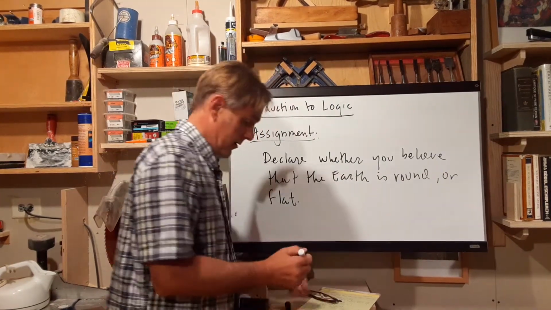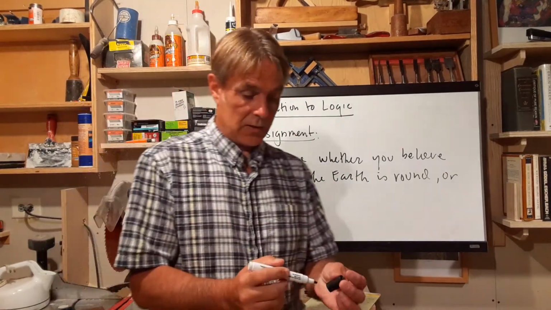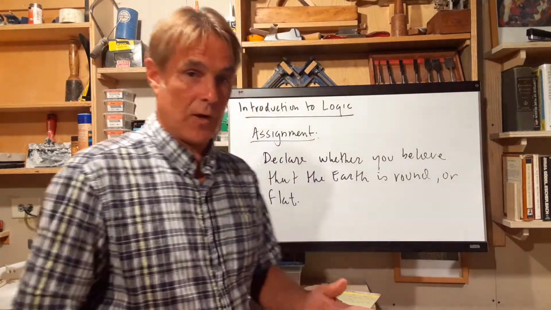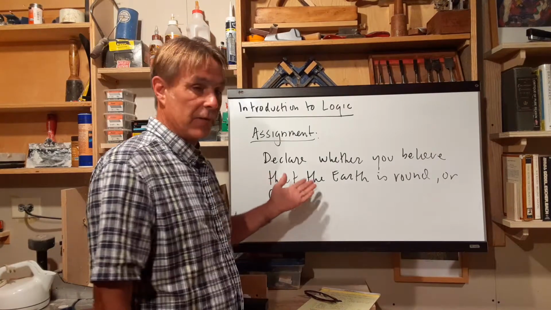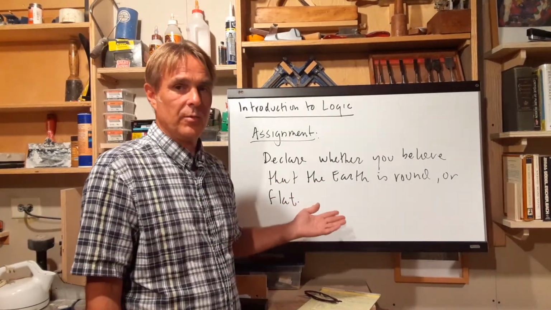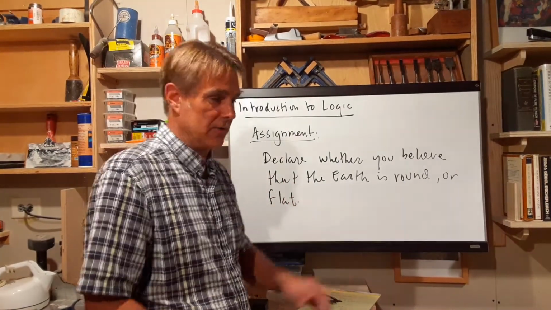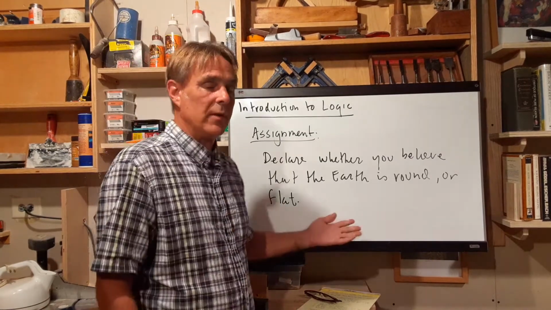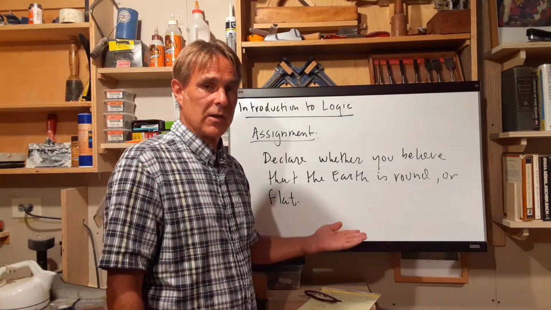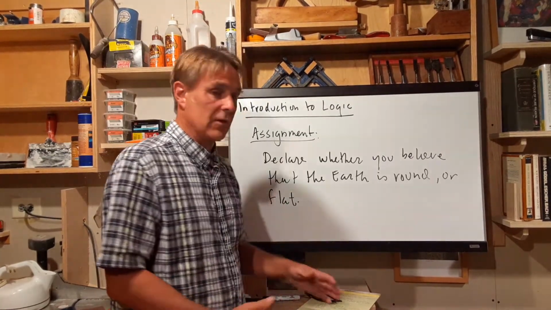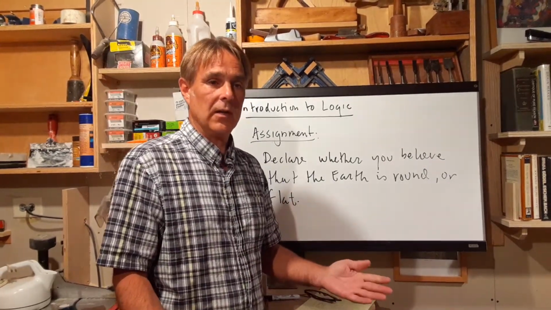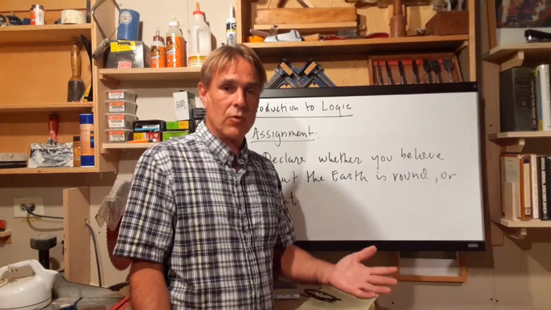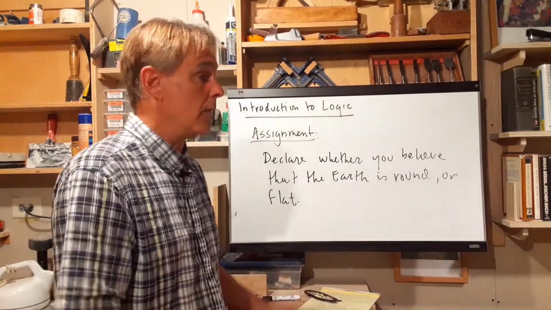One or the other. Your statement could be that the earth is flat. We're not really interested in which statement you pick. So your first statement, you declare your belief as to the flatness or the roundness of the earth, and that will be the conclusion of an argument. And your assignment is to assemble a set of statements, a collection of evidence in support of your conclusion, one way or the other.